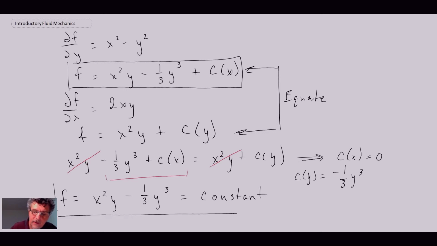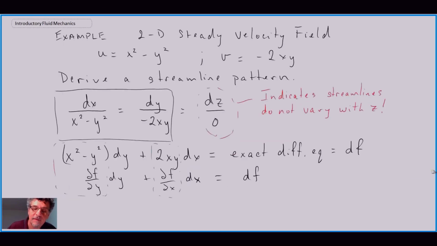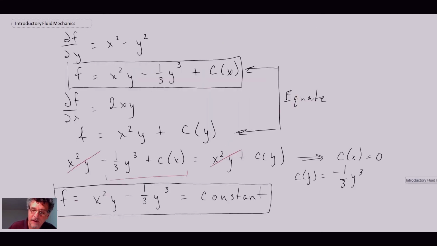And this is what turns out to be the equation for the streamline that satisfies the velocity field that we specified at the beginning of the problem. So with that velocity field, this is the equation of a streamline for that particular velocity field.